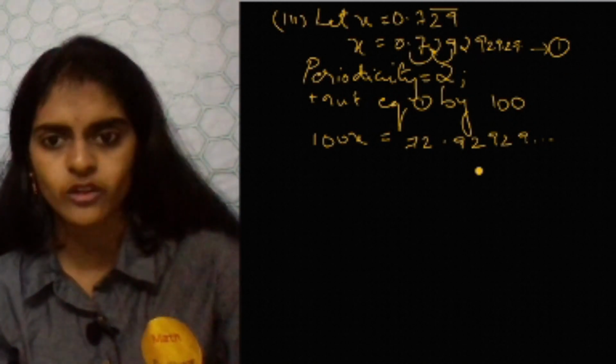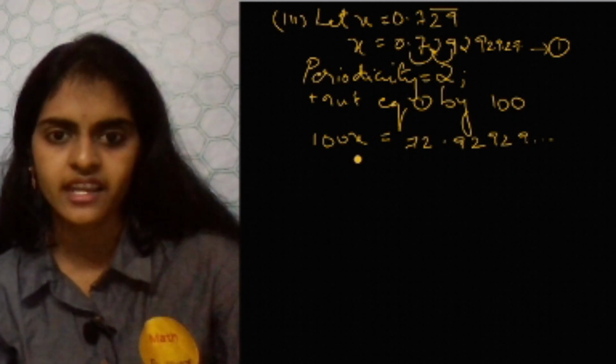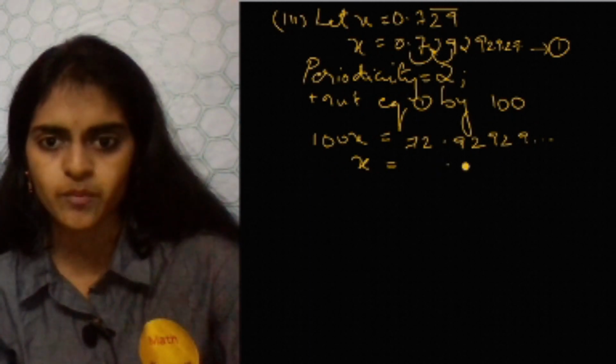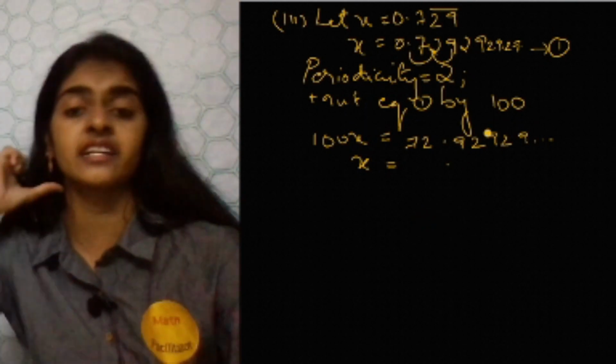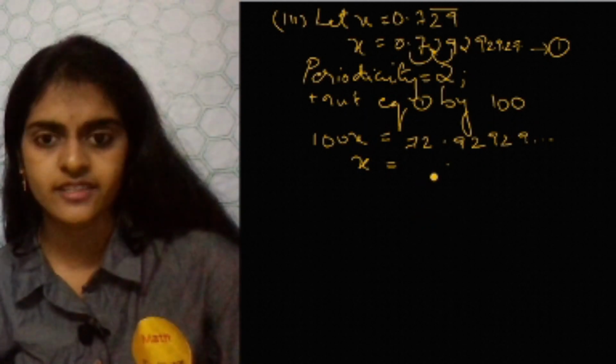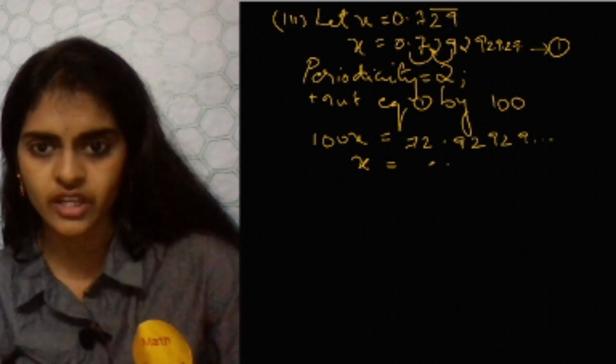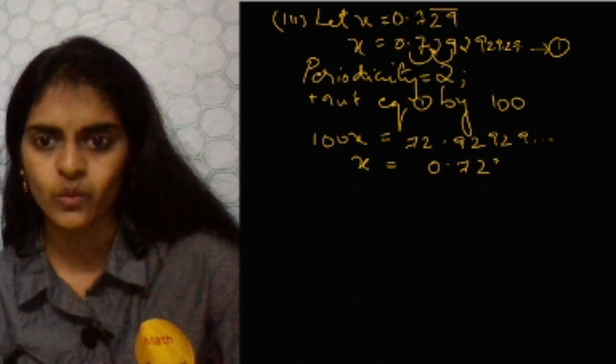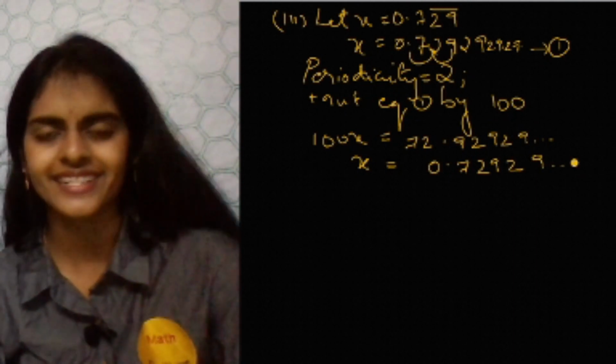So 29 is repeating. So this will be the pattern. Again you have x is equal to, what is the first one? As I said, write the point first so that you will not have any confusion. So before the point you have 0, you write that 0, and after the point you have 72929. Did you understand now?